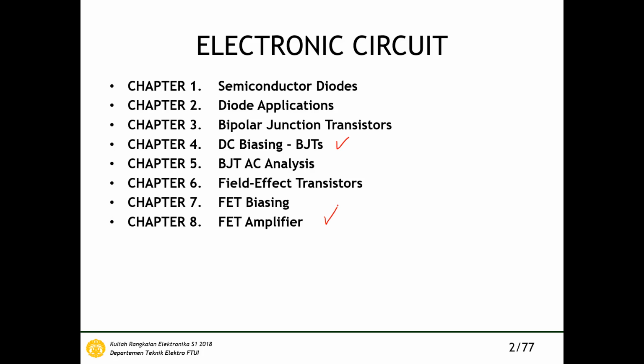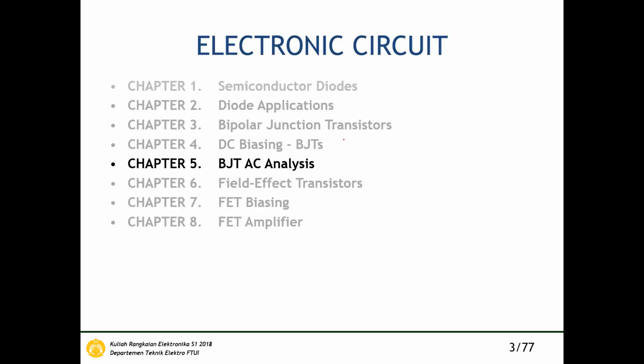We already finished chapter 1, chapter 2, chapter 3, chapter 4, chapter 6, and chapter 7. So after midterm, we will continue to finish our course in Electronic Circuit 1 with BJT AC analysis and FET AC analysis, or FET amplifier.